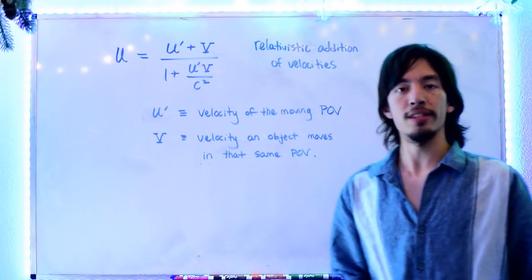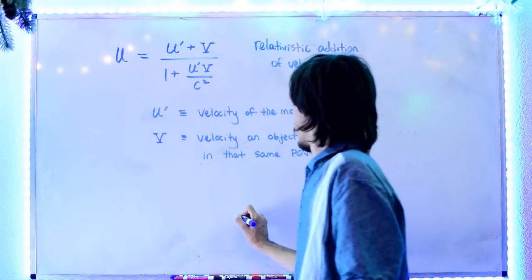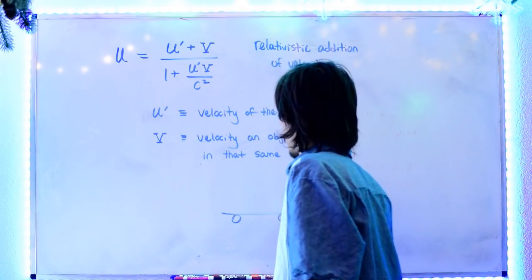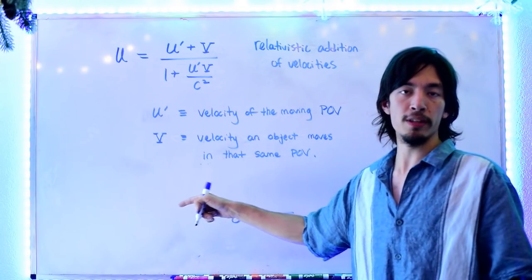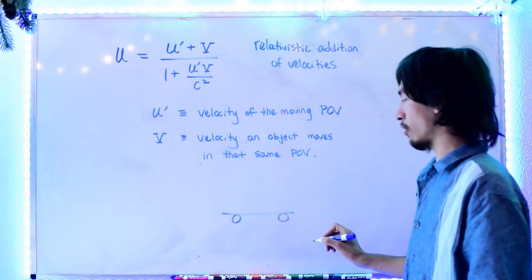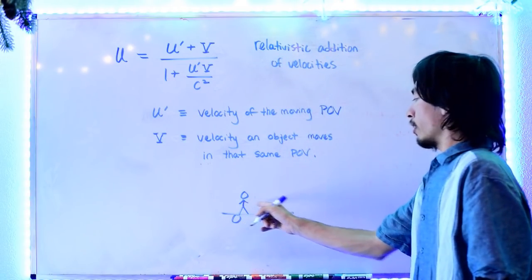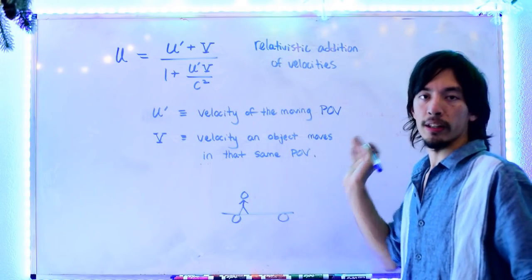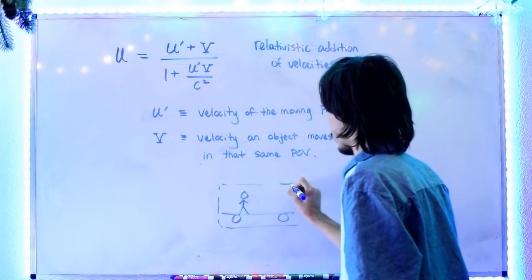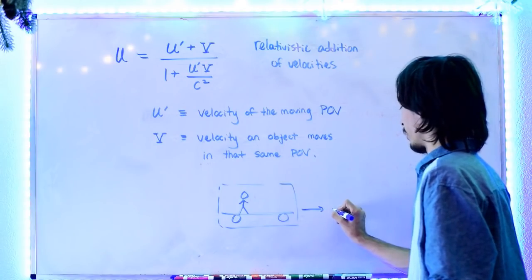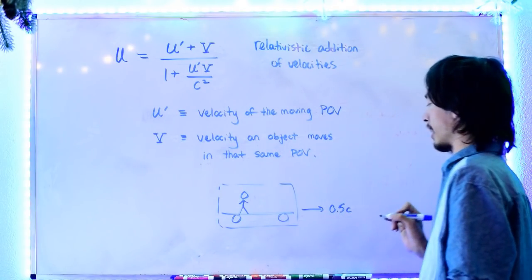Okay, so let's say that it's a person on a skateboard, right? You have a skateboard. This is the moving frame of reference, or the moving point of view. So there's a person attached to the skateboard. They don't see their skateboard as moving. But if you treat this as one system, the whole frame or point of view is moving with 0.5 c.